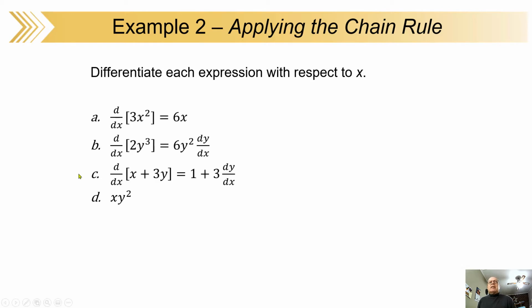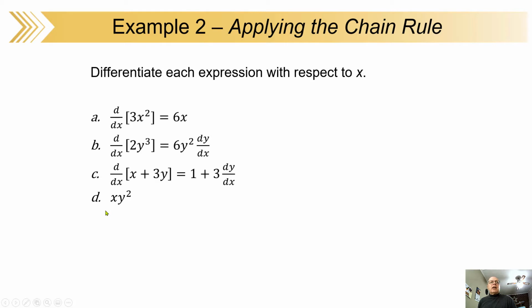Now, what doesn't show here is that if you wanted to be a slave to the program, when you take the derivative of x, yes, you get the 1. Since you're taking it with respect to x, then you'll have dx dx. But just like any other fraction, if you have the same thing on the top and the bottom, it's equal to a 1. So 1 times 1 is 1, and you only show the 1.